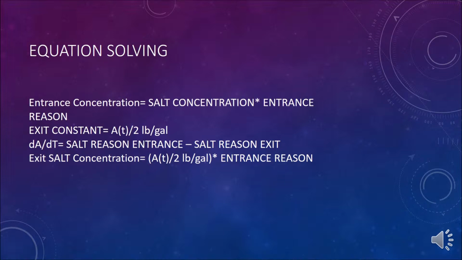Then dA/dt is equal to the salt rate entrance minus the salt rate exit. Then the exit salt concentration is the exit constant times the exit rate. And here is shown how we obtain the exit constant.